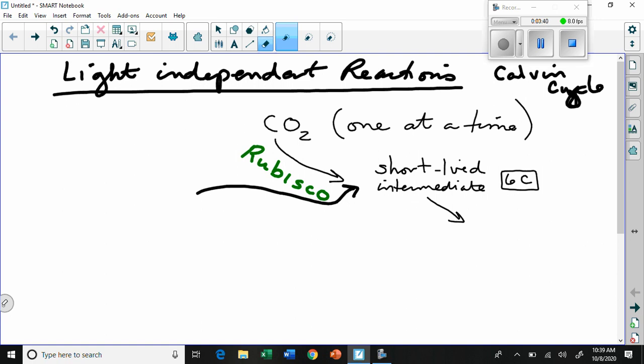Let's just put carbon dioxide here and not worry about the 3. You'll see why we need the 3 in a minute, but let's just do it this way. Okay, then this makes 2 molecules. It splits into 2 3-phosphoglycerate molecules.